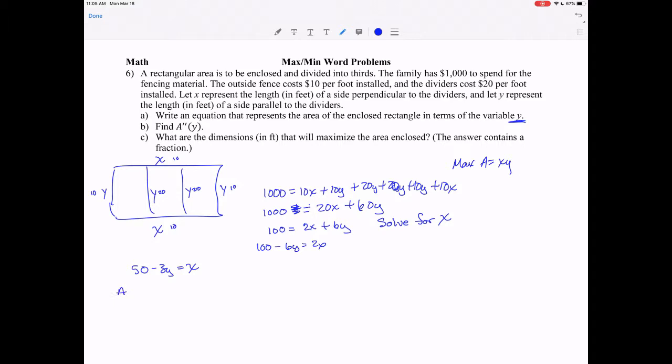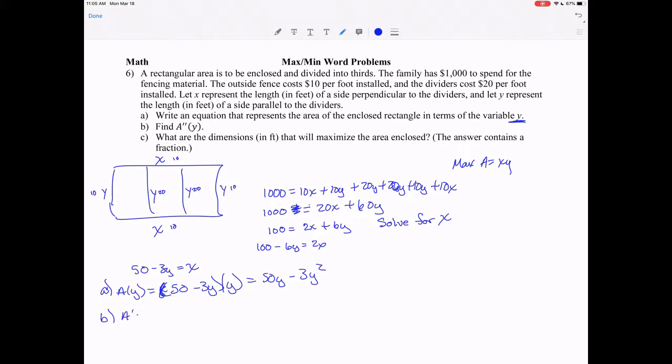So that tells me that A of y, now I'm putting it into the area, equals 50 minus 3y times y, equals 50y minus 3y squared. So that's the answer to part A. Part B says find A double prime.